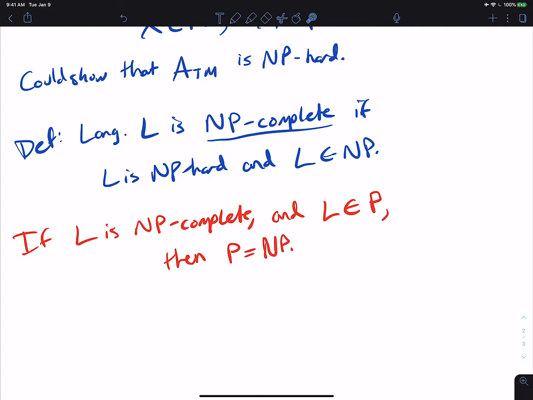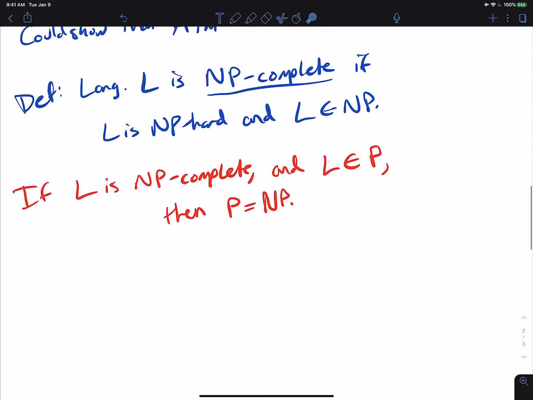Because if L is NP-complete, then every problem in NP reduces to this one, and if it is efficiently solvable, then every problem in NP is also efficiently solvable. So every problem in NP can be run in deterministic polynomial time just by doing the reduction and running whatever algorithm shows that L is in fact in P. So the open question is: is there such a problem that is NP-complete and in P also?